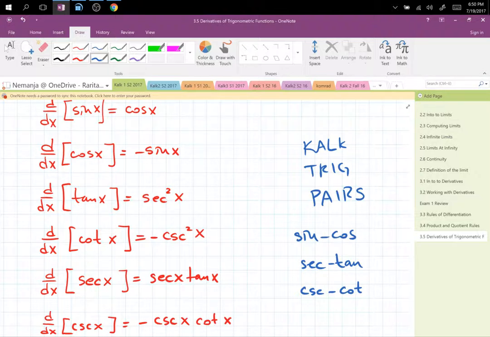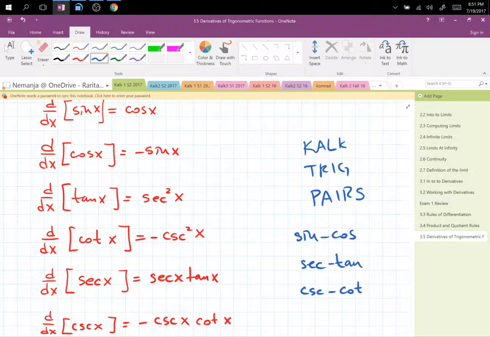Now all of these derivatives can be derived and proven by using the limit definition of the derivative. And the limit definition of the derivative tends to be a little bit hard to work with for this case, but it's possible.